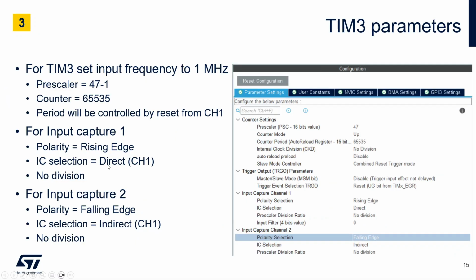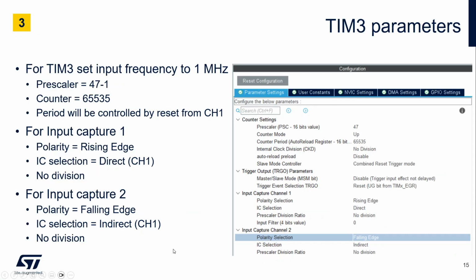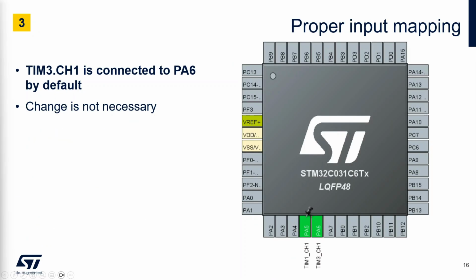Input capture on the first channel will be done on the rising edge, and channel 2 will be connected to the channel 1 pin and falling edge: rising edge direct and falling edge indirect, set to the same signal. No division.